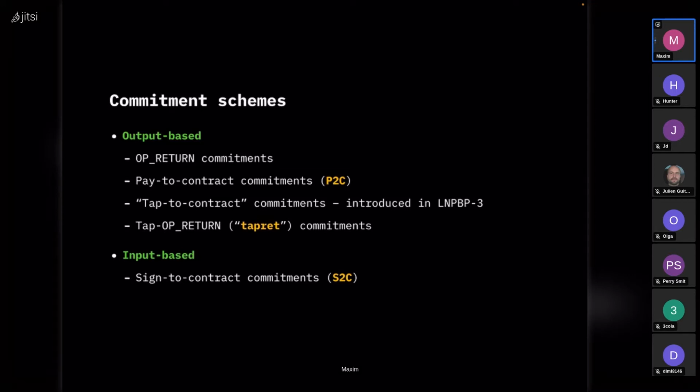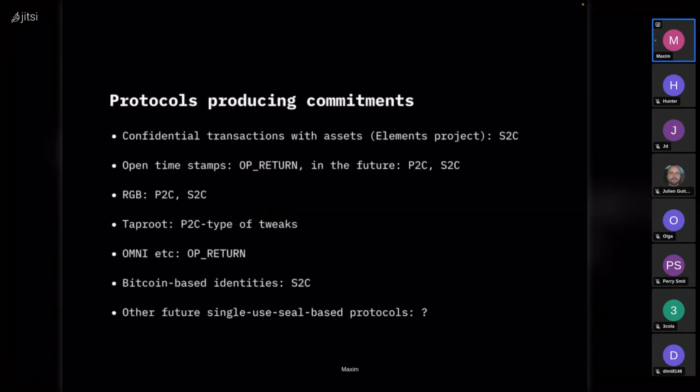In that way, we do not need to tweak the public key outside of the scope of the normal tweaking of the Taproot protocol. So this is the landscape. Many different protocols use different forms of commitment procedures. For instance, confidential transactions in the Elements project and Liquid Network use sign-to-contract commitments, OpenTimestamps uses OP_RETURN commitments, and in the future maybe they will switch to other forms.